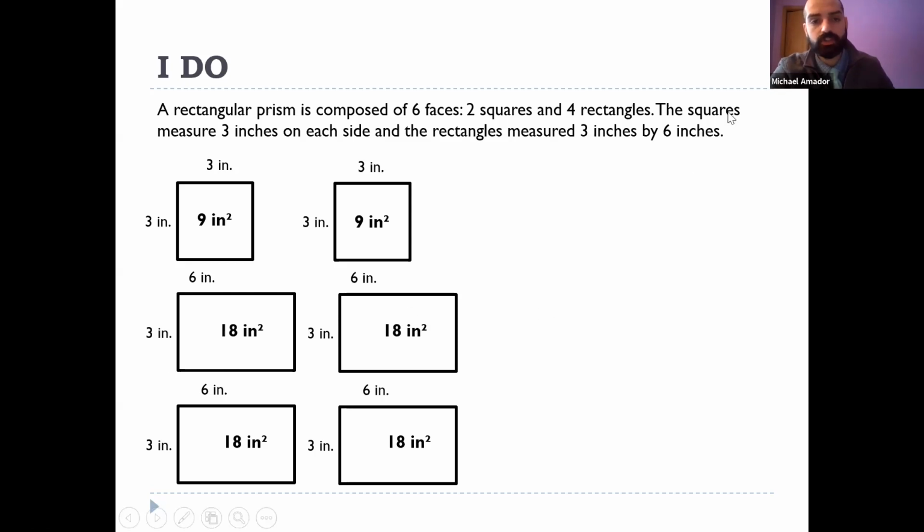So on your screen, you should see that the area of each face has been filled in. Now we know the area of every single surface of the rectangular prism. If we add them all together, we should get the surface area.